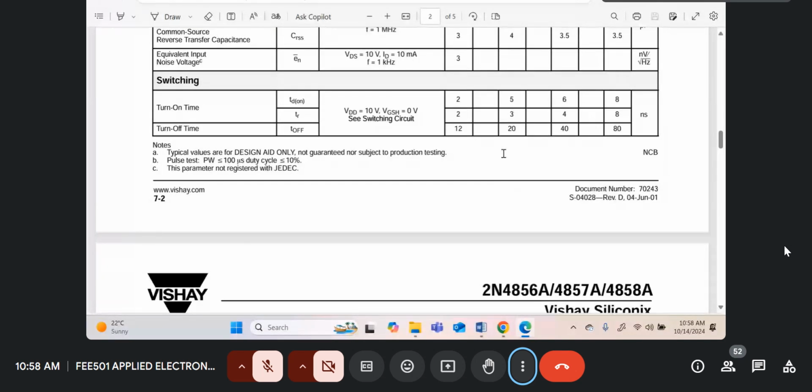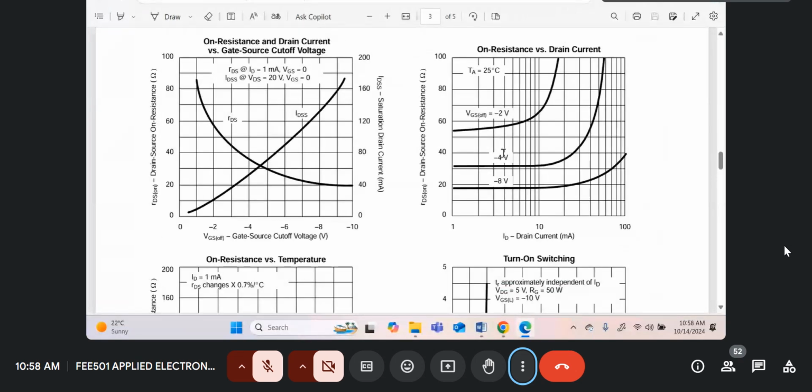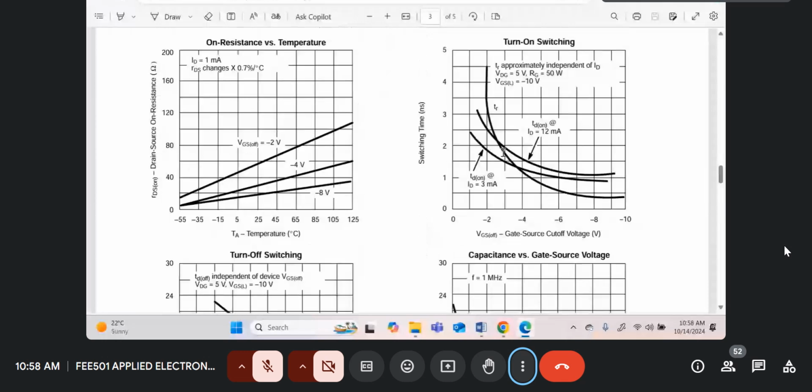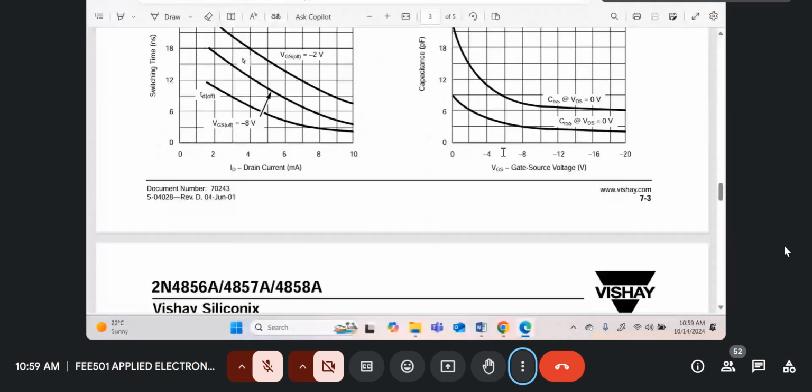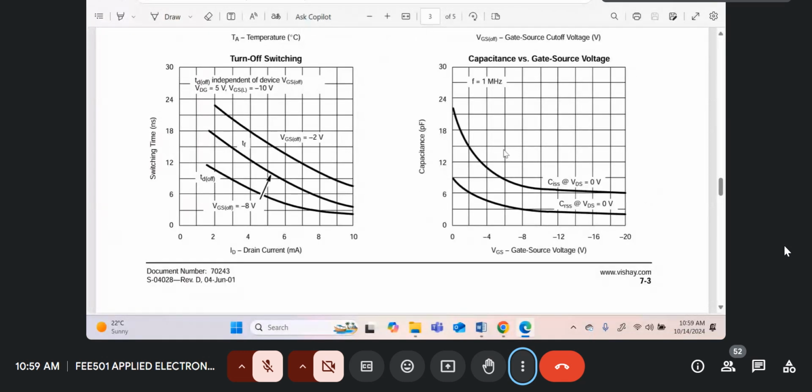They did not give us the other capacitance. So this is what I was telling you. If you look at this graph to the right over here, the x-axis is the gate to source voltage. So let's assume that we are switching between maybe 0 and -4.